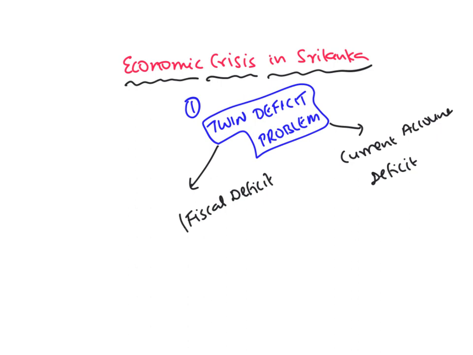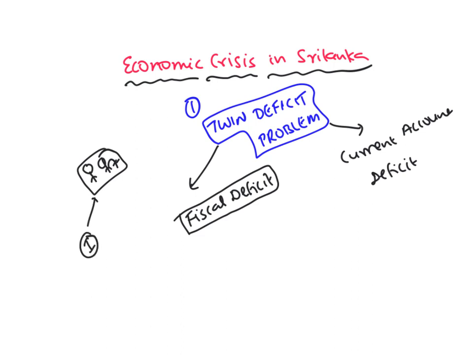The first one is fiscal deficit. What is the meaning of fiscal deficit? Let's say there is a family. In this family, obviously the family will have some amount of income. Income could come from salaries, or if they are owners of a company, through profits. And the family also spends money, which is called expenditure, right?